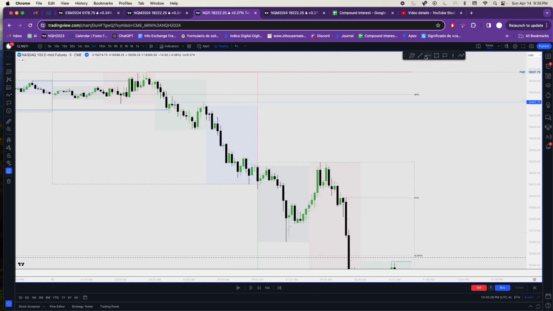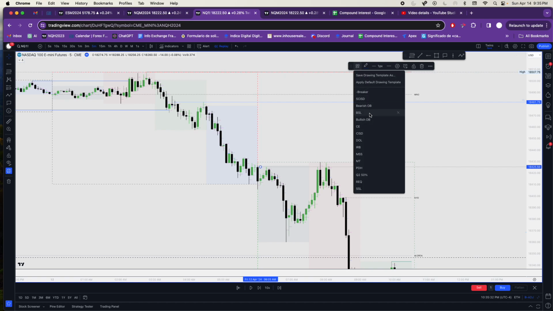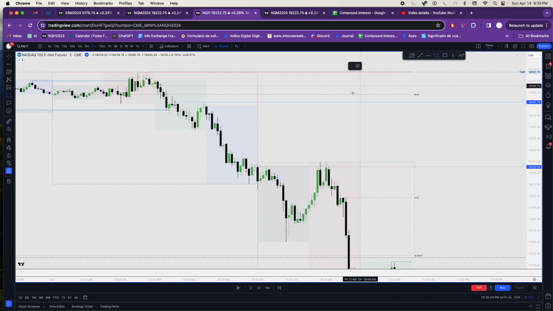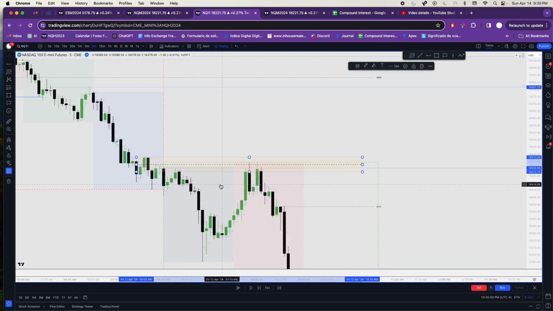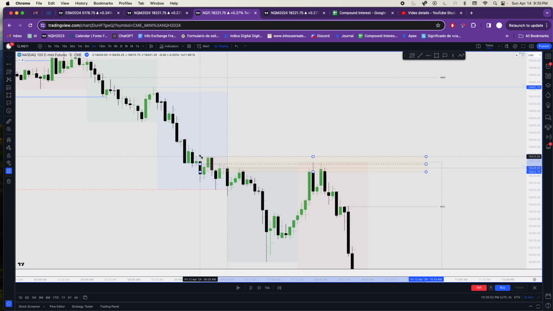In this case, we have our buy side liquidity here, and we have our bearish order block here. We want to take the highest one in this case, or you could take the entire one.